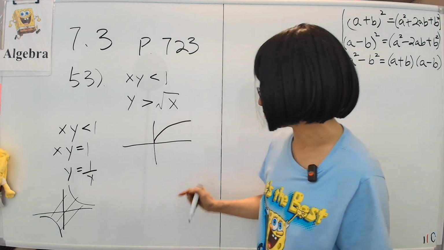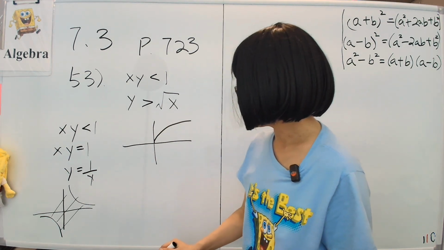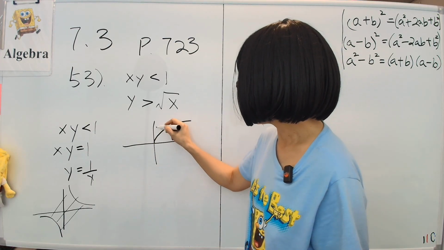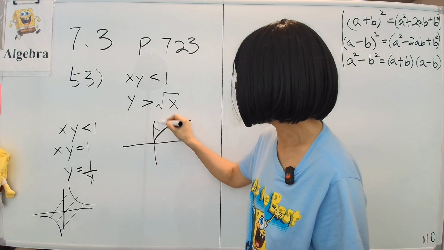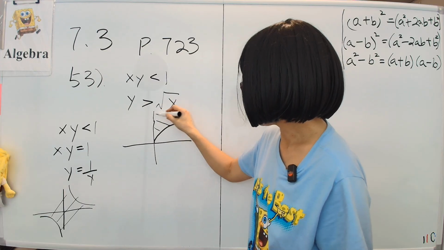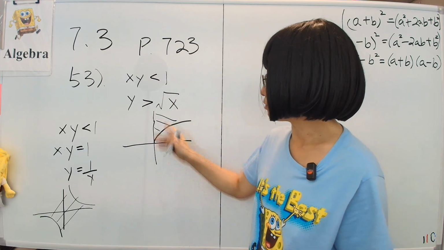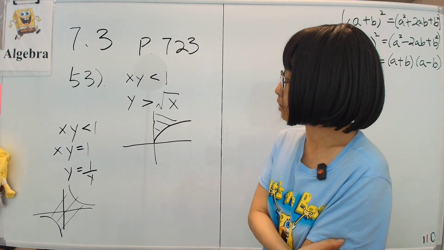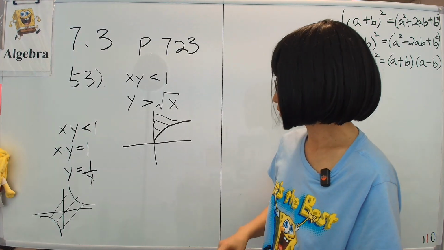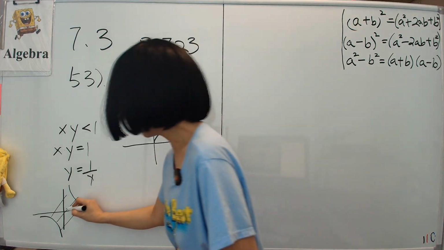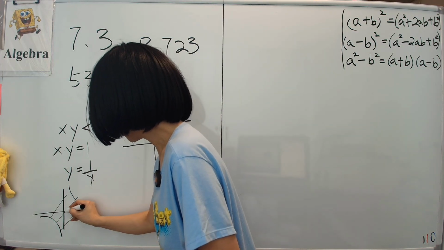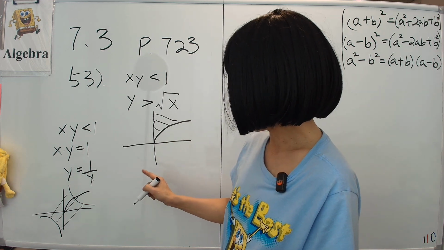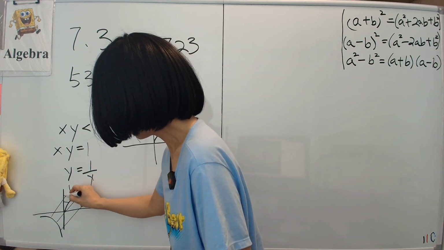Now, when you consider these two graphs together, what is y bigger than the square root of x? It would be on top, so it's this area. Then we need these two conditions together. If they're together, we'll draw that here, something like this. And so what is common for both? That would be this area right here.